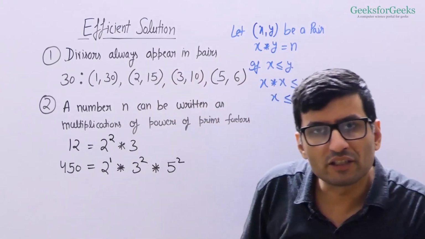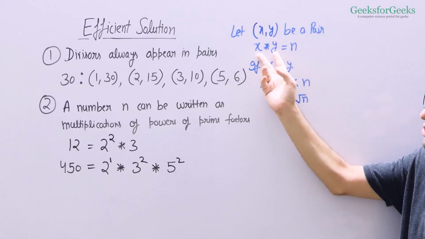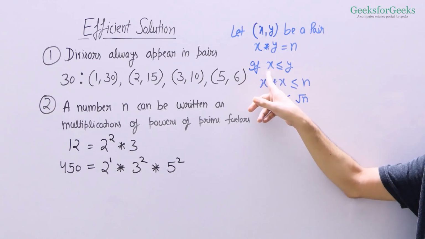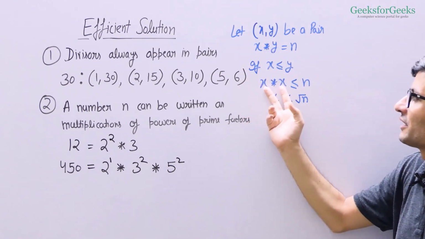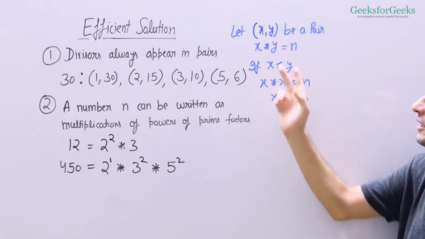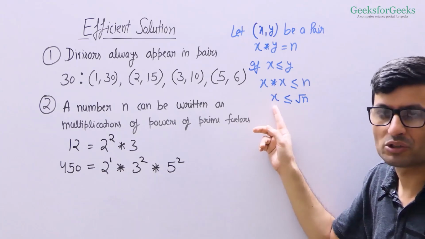So if I consider a pair x, y, then I can write x times y is equal to n. That's how these pairs are. And if I consider the smaller of these two divisors, then I can say x times x is smaller than or equal to n. And from this I can conclude x is smaller than or equal to square root of n.